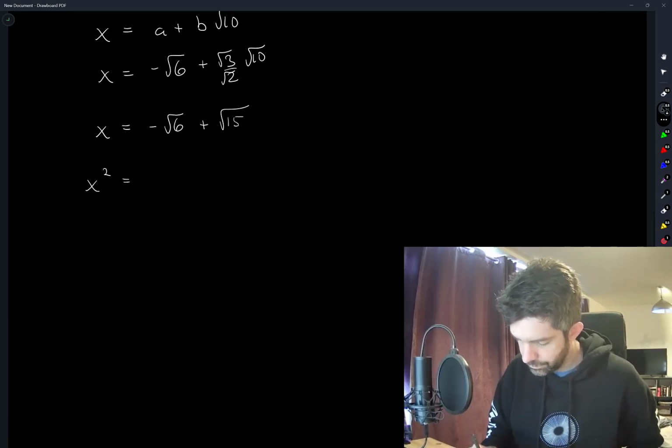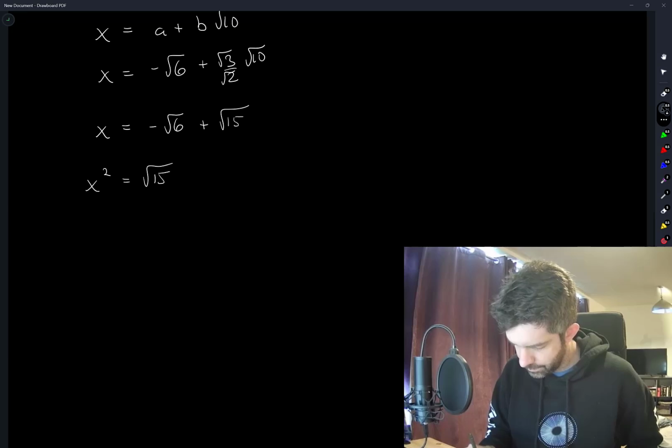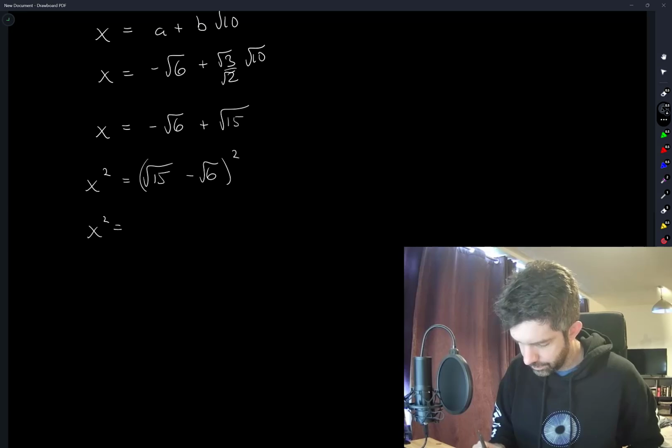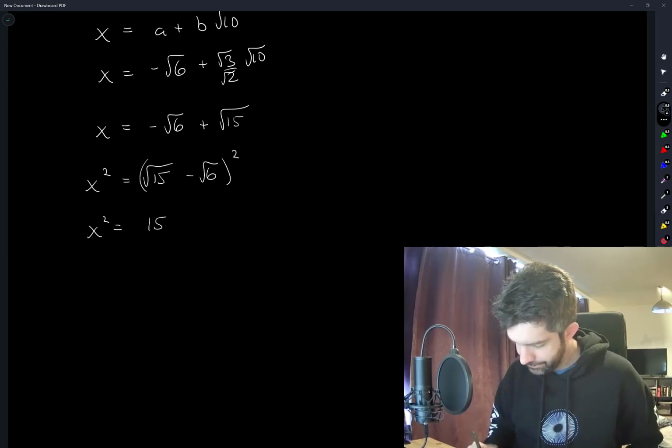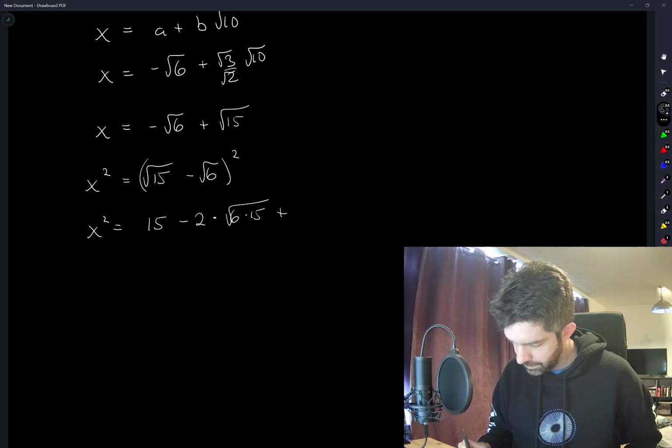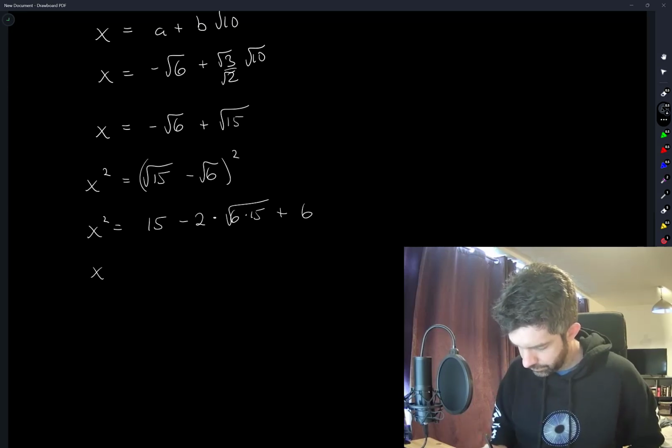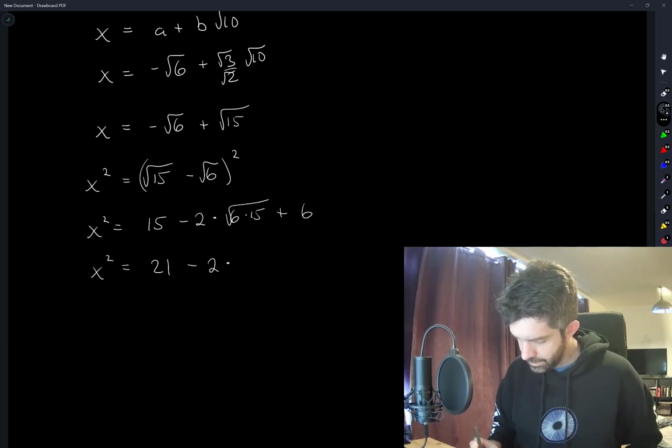So x squared is equal to, sorry, my brain is working a little slow today, so I'm going to write it out like this and see what happens. So x squared is equal to 15 minus 2 times the root of 6 times 15, plus 6. So x squared is equal to 21 minus 2 times, what does this factor as underneath?